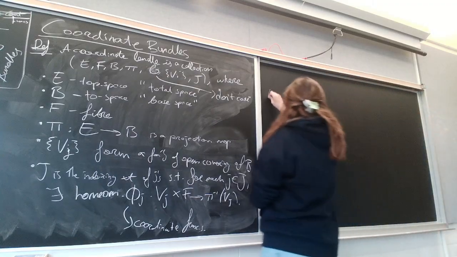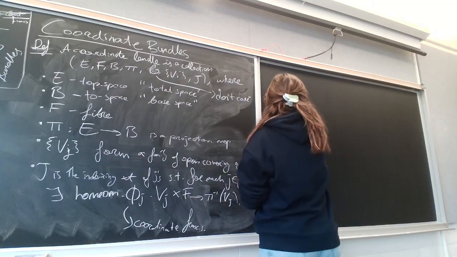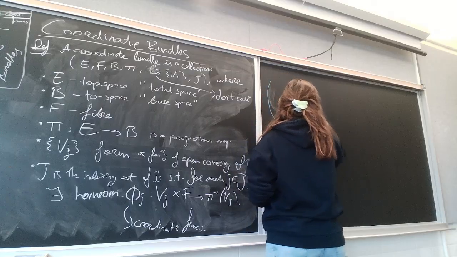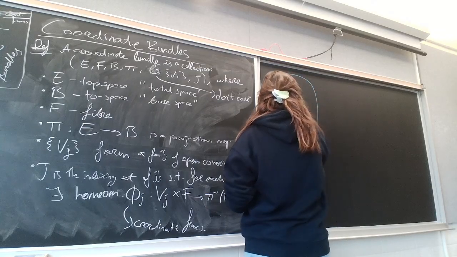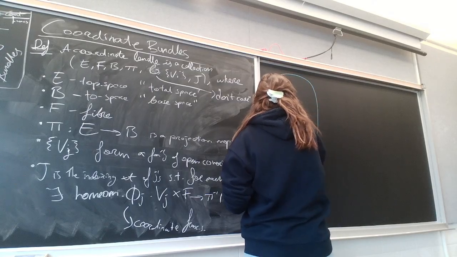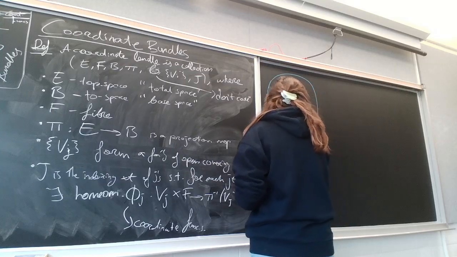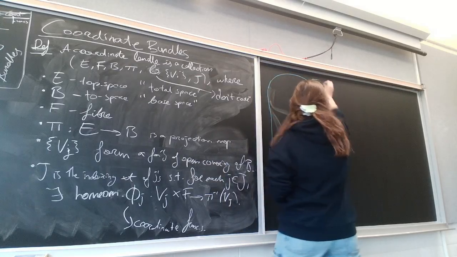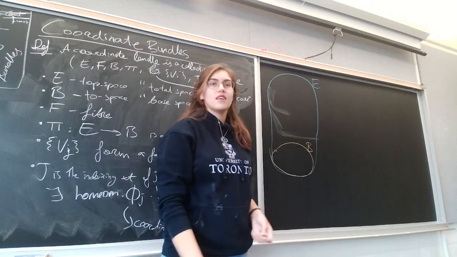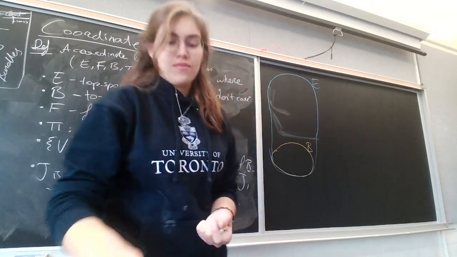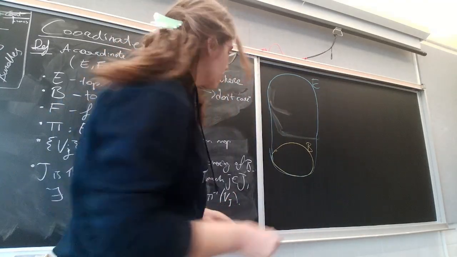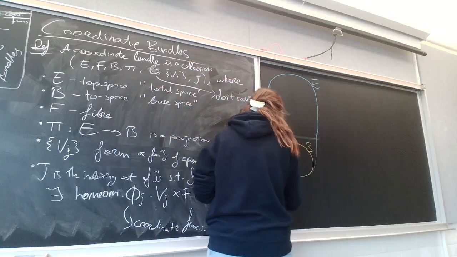Now here, let me write it like this. This is E, which is the total space. Now we have Vjs.